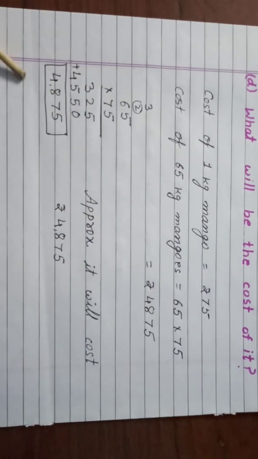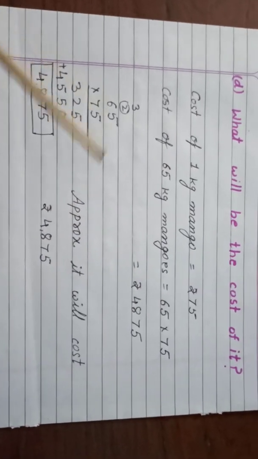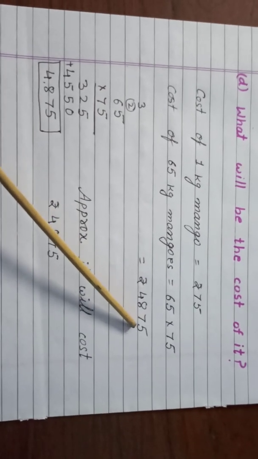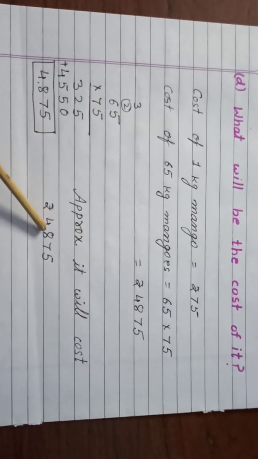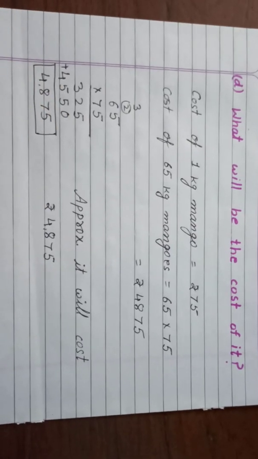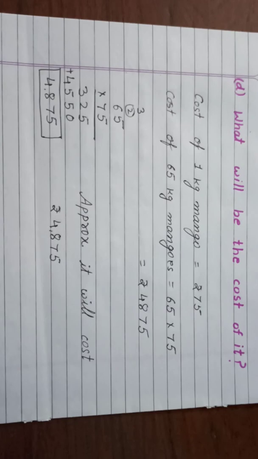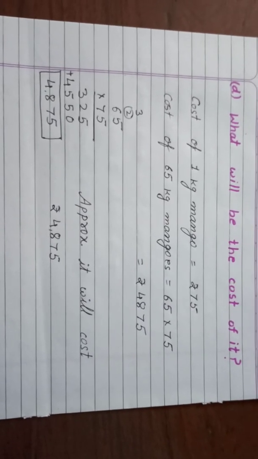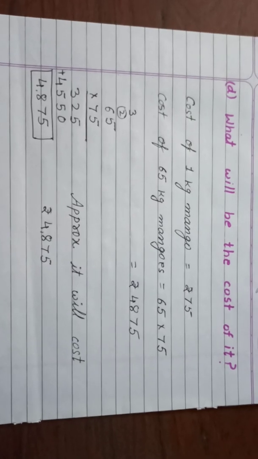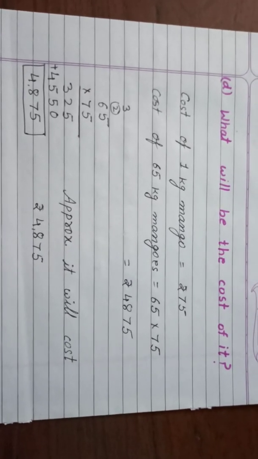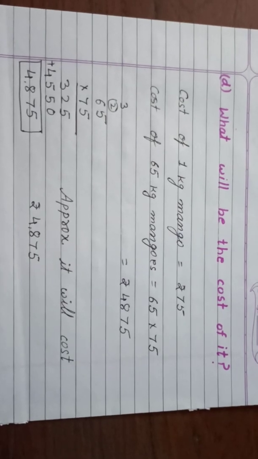When we multiply, we get 4,875 rupees. So what statement will we write? Approximately it will cost 4,875 rupees. That means when we have to take 65 kg mango, how much money do we have to pay? We have to pay 4,875 rupees.